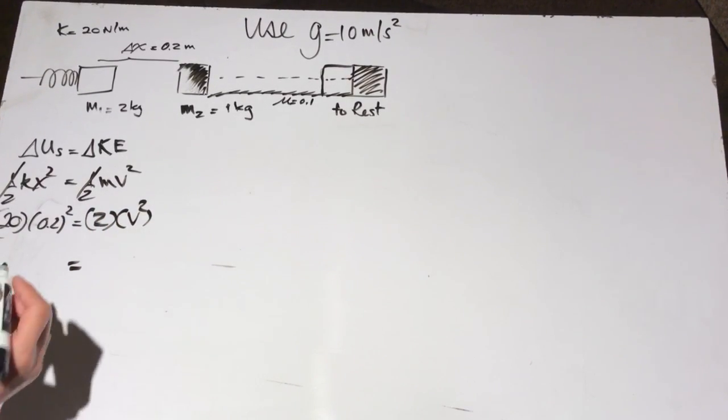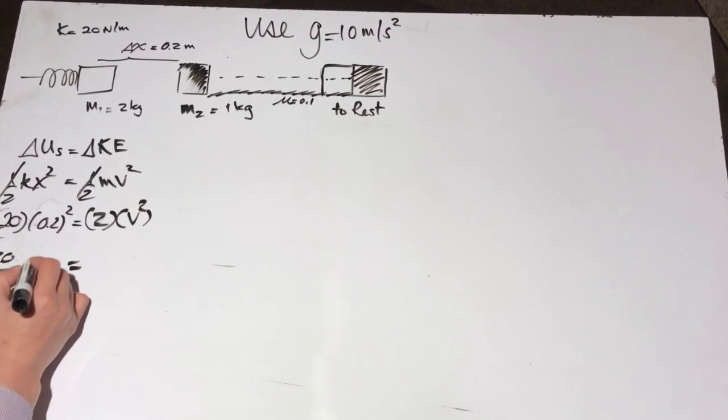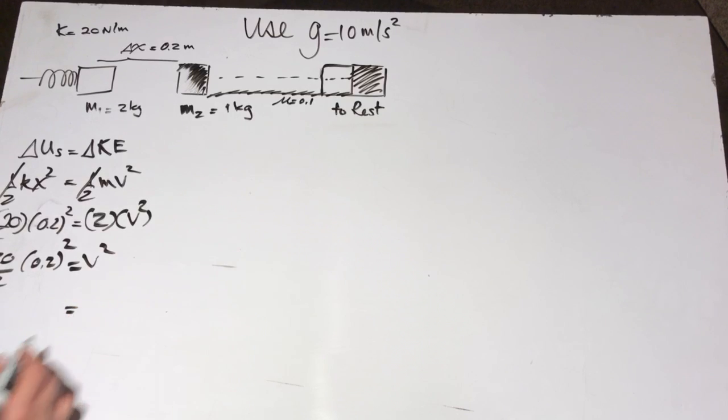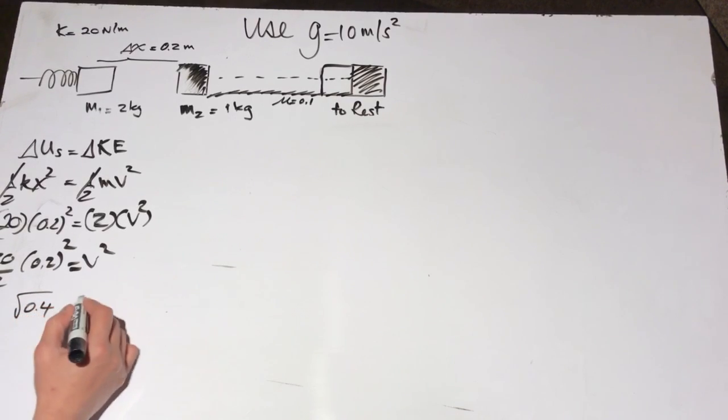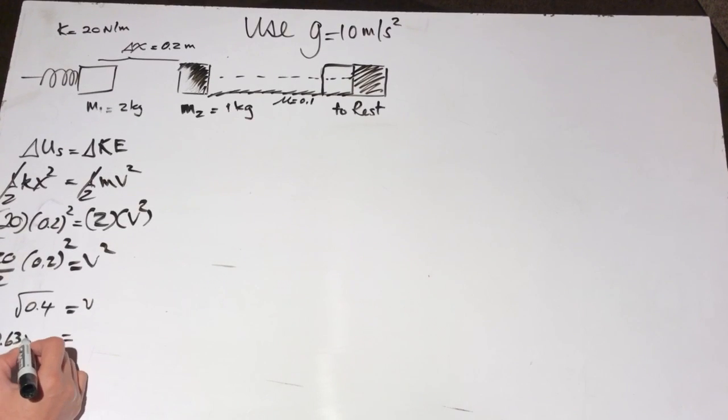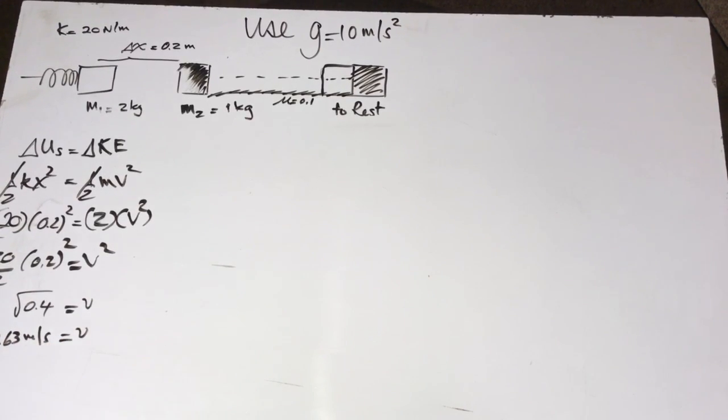So do the math: 20 divided by 2, 0.2 squared, v squared, that's your velocity squared. When you do the math, it simplifies to the square root of 0.4, and the answer is 0.63 meters per second, that's your velocity.